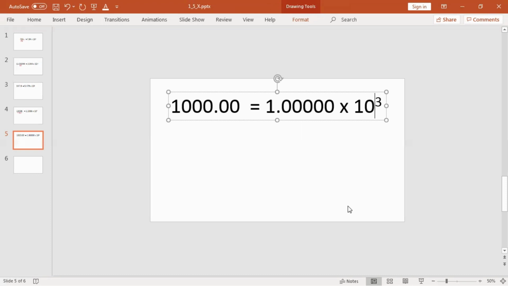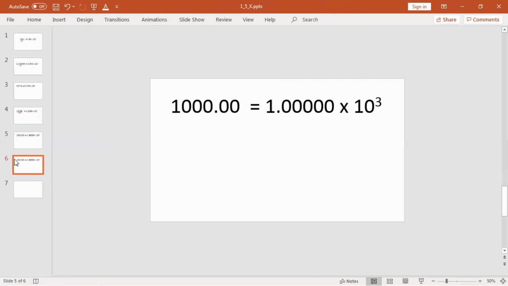And let's check the answer. The answer key says 1.00000 times 10 to the 3rd. So I got that right. That's encouraging. So let's try another one. Let's try the next one.